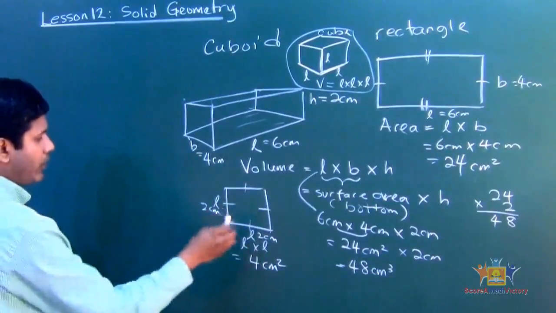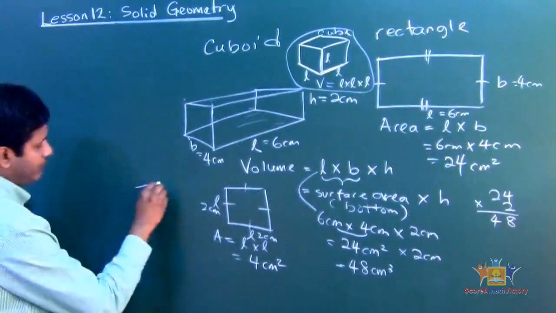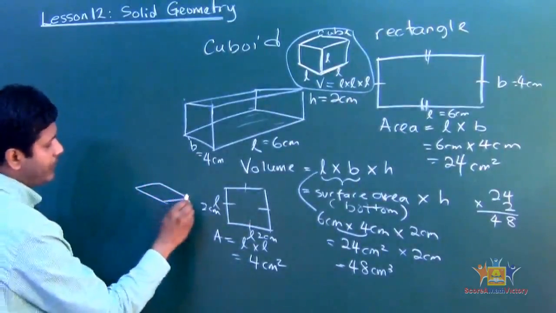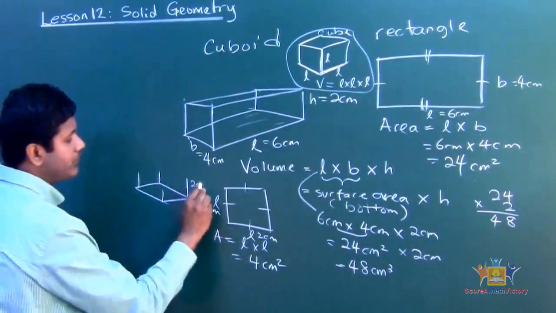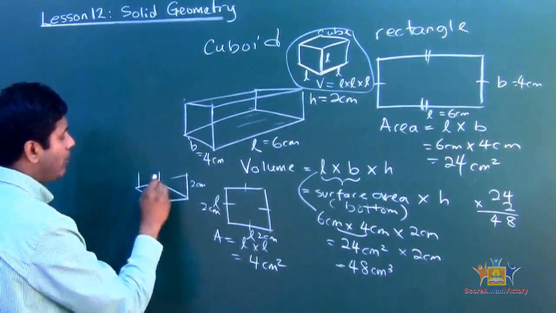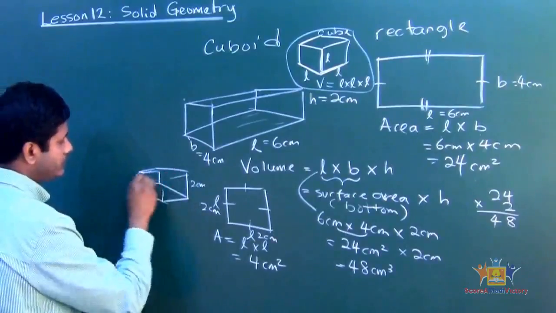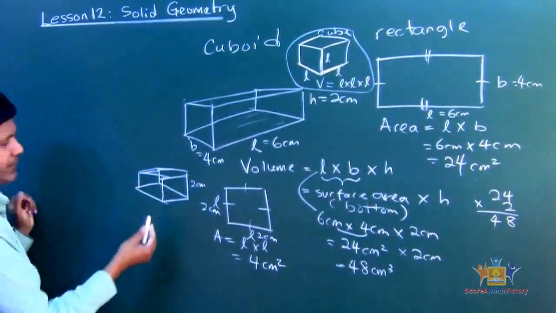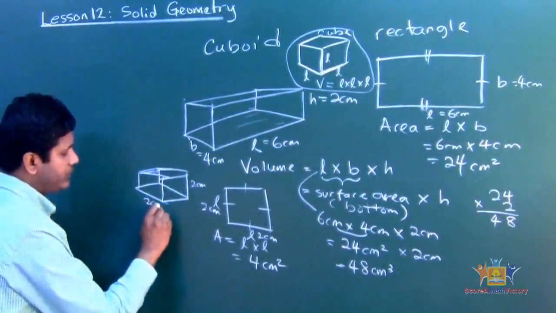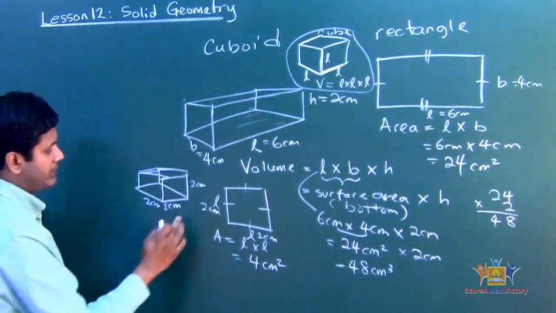And if I have to find the volume, I take this and I put it as a bottom surface and then put a height to it. And it has to be what? Also 2 centimeters, because for a cube, keep in mind all the sides are equal. So now you got 2 centimeters, 2 centimeters, 2 centimeters.